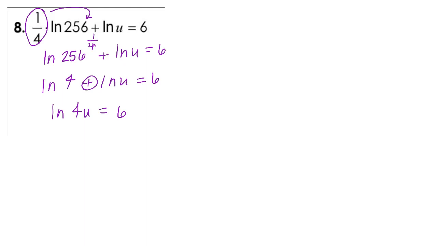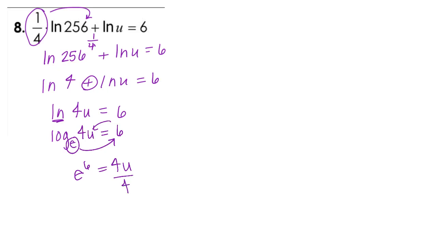And then we're going to have to remove that natural log. And again, remember, it's okay to rewrite this, that is log base e of 4u equals 6. And so going to our exponential form, that's going to say e raised to the 6th power equals 4u.